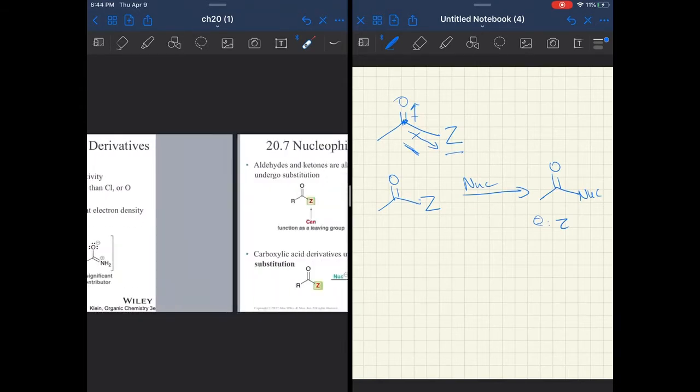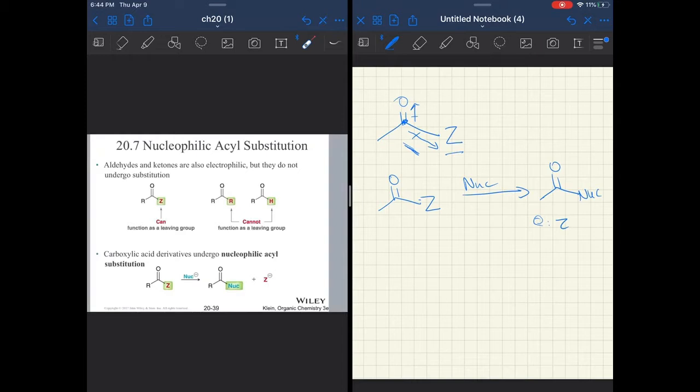They still, however, can leave as opposed to an R group or a hydrogen. That's why aldehydes and ketones have their own chapter. All the carbonyls aren't in one chapter because they have very different reactivity. We never saw an aldehyde or a ketone losing a C or an H.